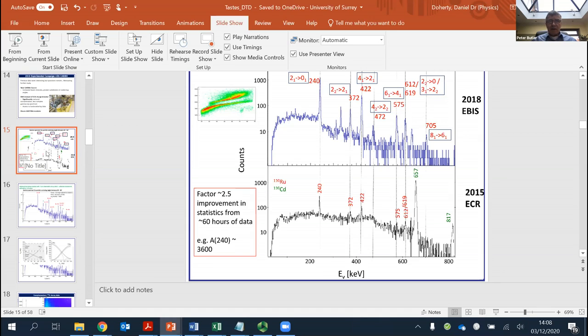You had these unidentified gamma transitions in the spectrum. Have you tried doing particle-gamma analysis? I mean, you might think it's impossible, but yeah, we have. The problem is that they're not in coincidence with each other, or with anything else.